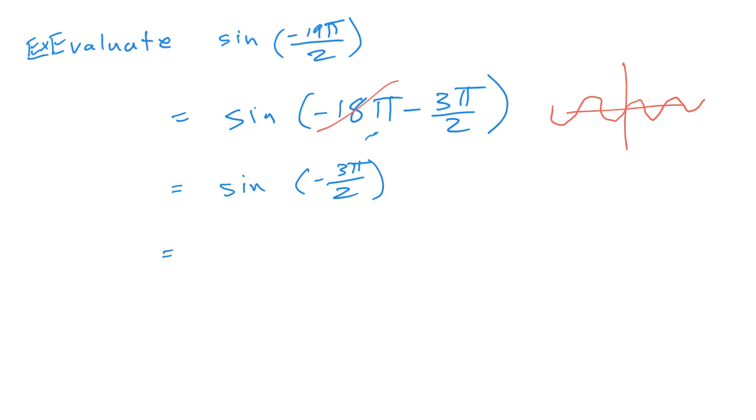Sine of negative 3 pi over 2, when you punch that into your calculator, is 1. The reason for that is because the sine is 1 at 90 degrees.